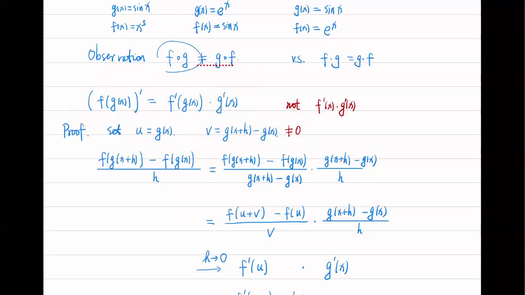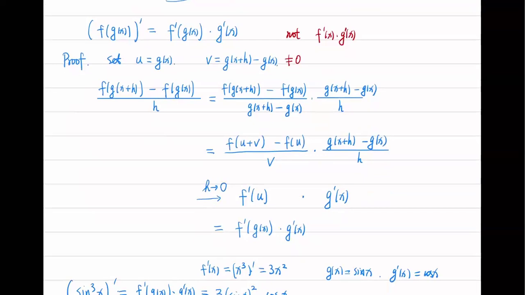Okay, so when v is 0, then these two terms are the same. The numerator is 0, so this whole thing is 0. There's nothing to be considered further. So when this is 0, this is already 0. Maybe we should add a remark.